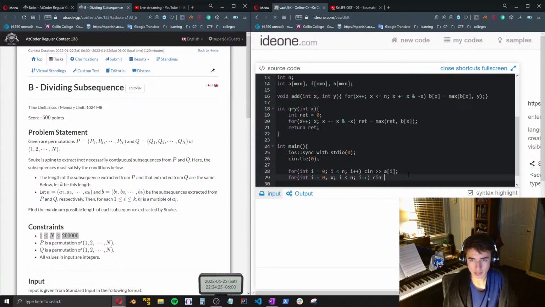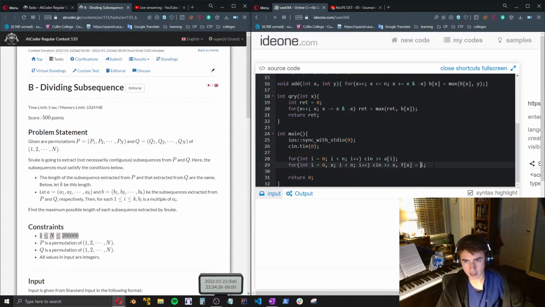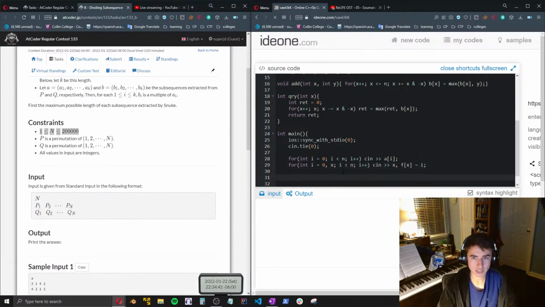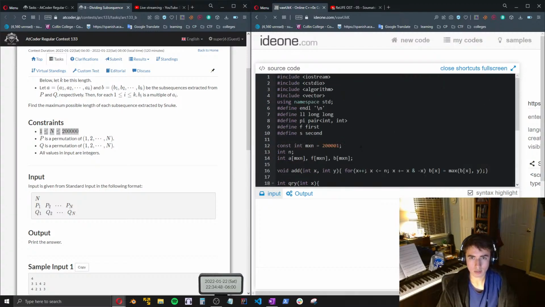So here's what I mean by the inverse: I see an x and then do f of x equal to i, which means that in array B, the value x is at position i, and since it's a permutation, it uniquely maps. Now we just, once again, iterate. Now we need a vector.